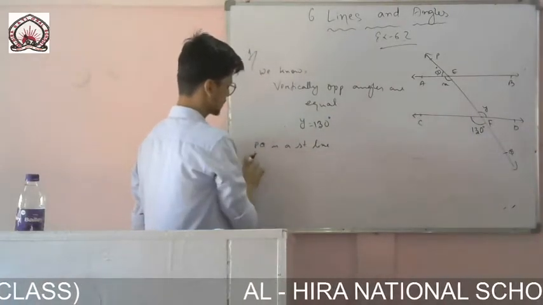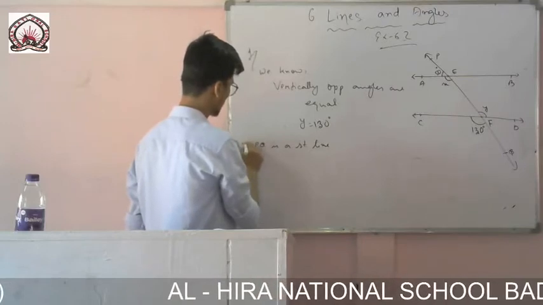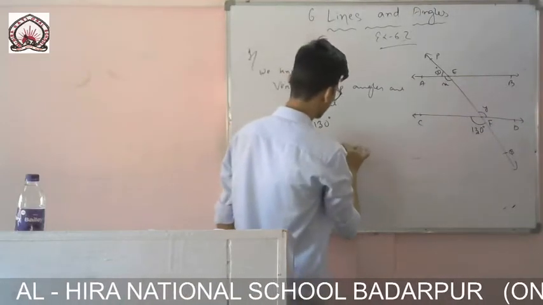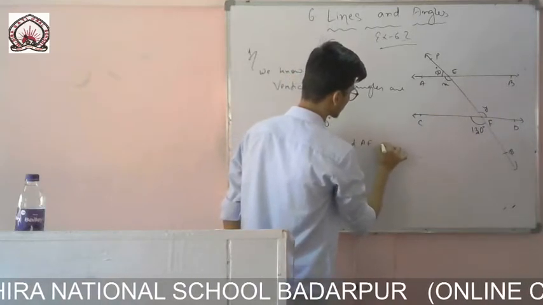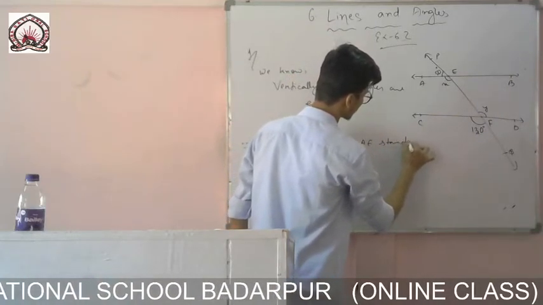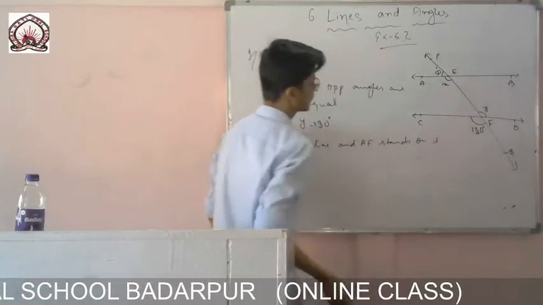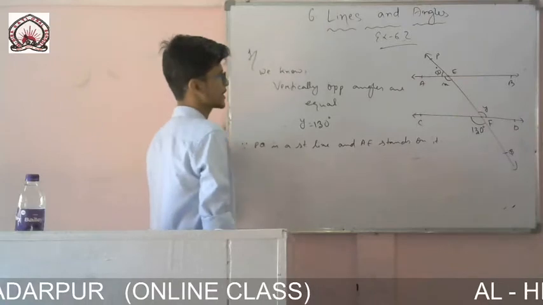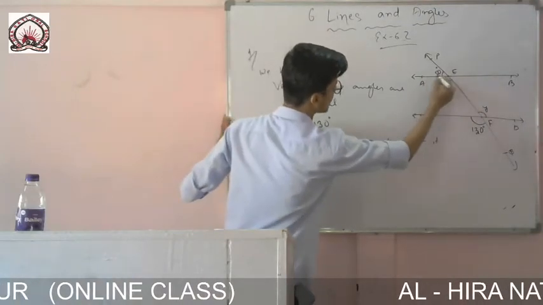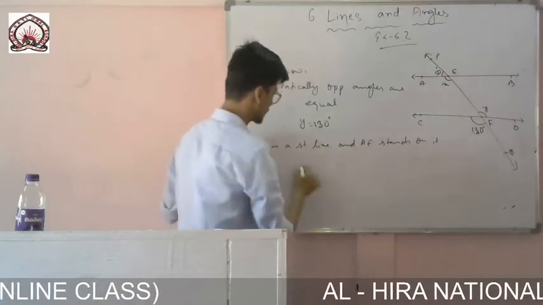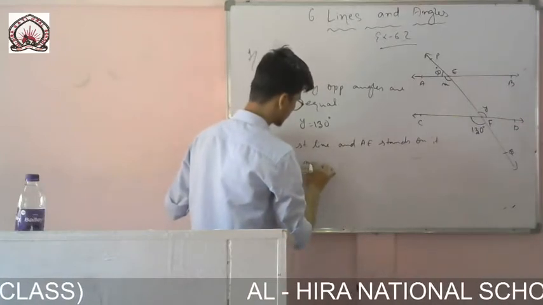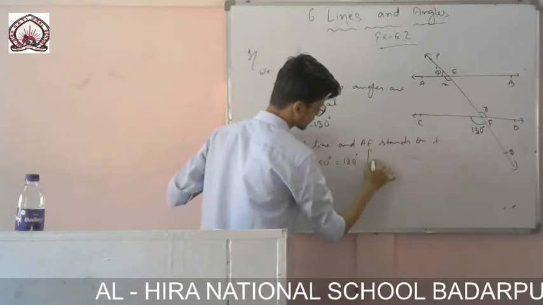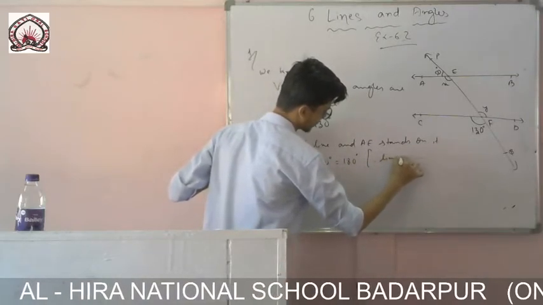Since PQ is a straight line and AE stands on it, therefore x plus 50 degrees is equal to 180, since linear pair.